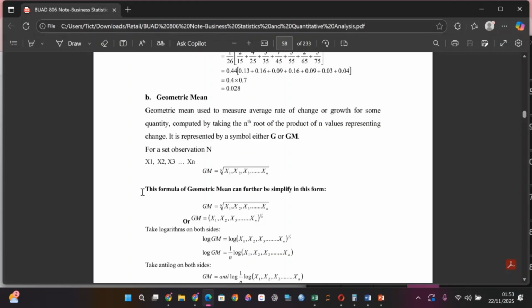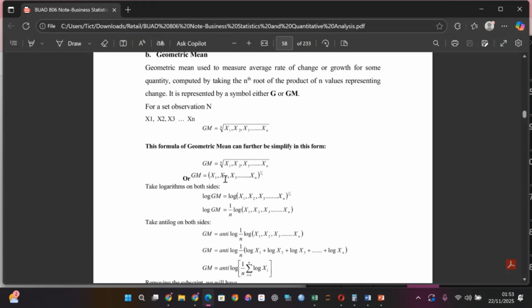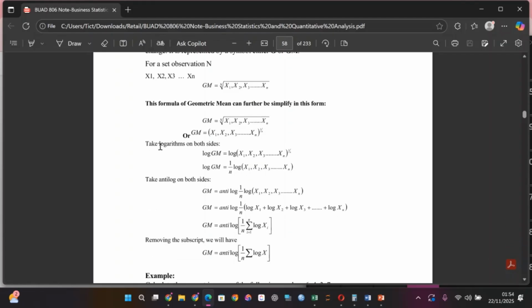This formula of the geometric mean can further be simplified into this form, where the GM is equal to this raised to the power of 1 over n. That is where they are taking the logarithm of both sides. This is where I think someone asked this question in the group.